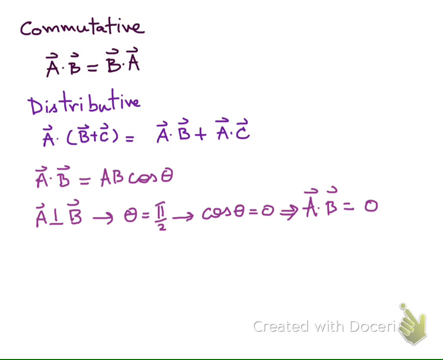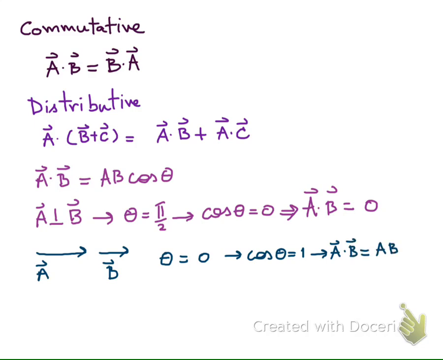Next, if A and B point in the same direction, okay, so if we have A like this and we have B like this, in this case theta is equal to 0, and we have that cos theta equals 1, which means that A dot B equals AB.